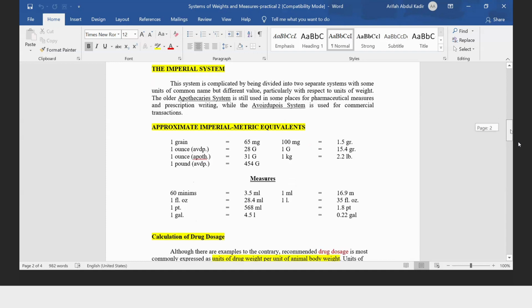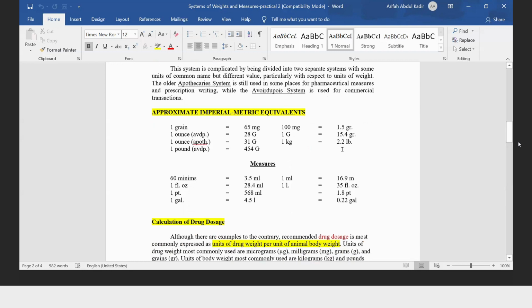And this is important: 1 kilogram is equal to 2.2 pounds. Sometimes when I give questions, I will give the weight of the animal in pounds, so you need to know the conversion. Among the measures, 1 gallon is important.